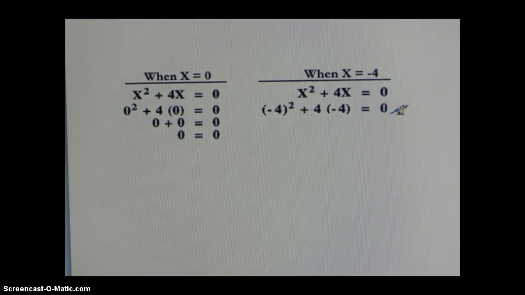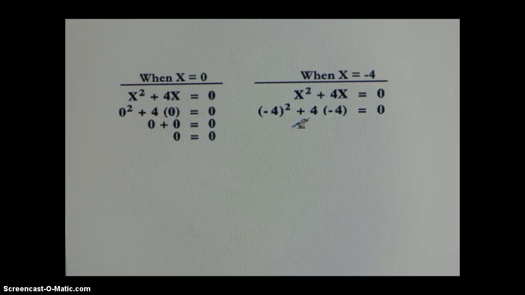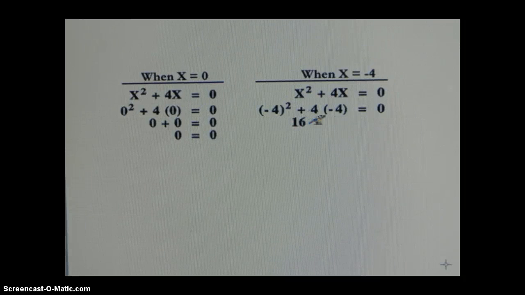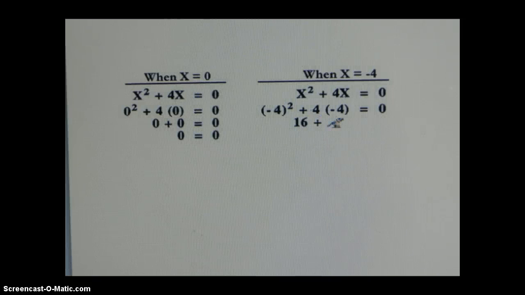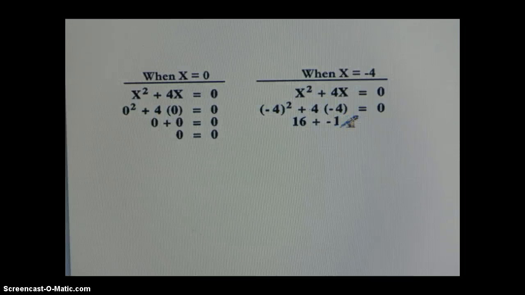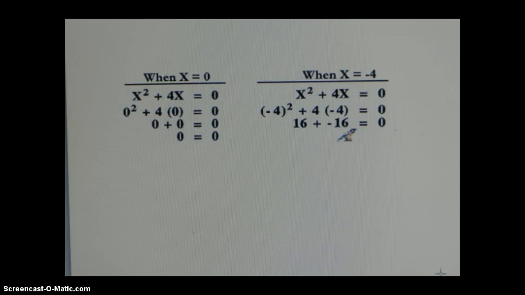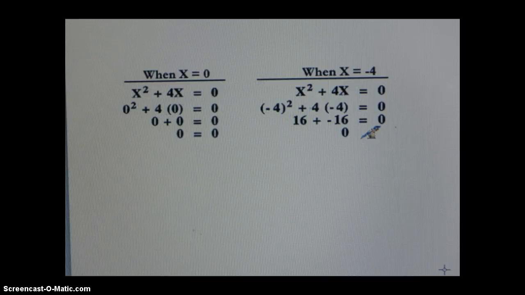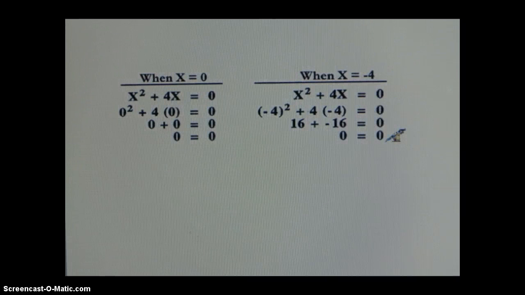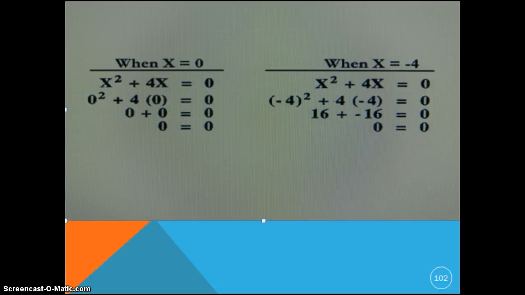Negative 4 squared is equal to 16, plus 4 times negative 4 equals negative 16. 16 plus negative 16 equals 0. Therefore, 0 equals 0. The equation x squared plus 4x equals 0 when x is equal to negative 4 is true.